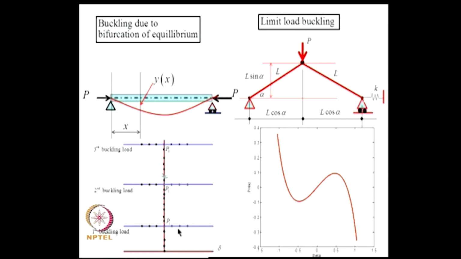In another type of problem, what is known as limit load buckling, an example for which is shown here, there are two rigid links supported through springs as shown here and it is loaded by a force P. As the force P is increased the deflection of the system and the load increase together and at some point both of them reach a critical stage when a far away equilibrium position becomes possible and this is known as limit load buckling.